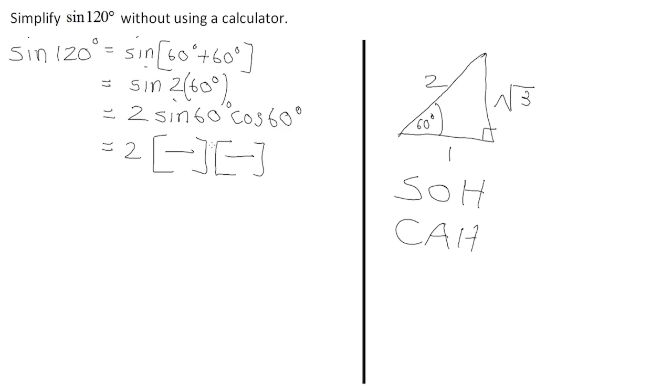Sine 60 degrees is opposite, square root 3 over hypotenuse 2. Cos of 60 degrees is adjacent over hypotenuse. And you will agree with me, we got an answer of 2 square root 3 over 4, which is equal to square root 3 over 2.